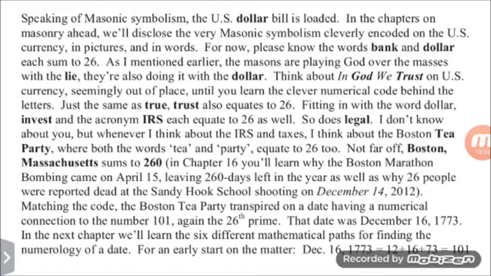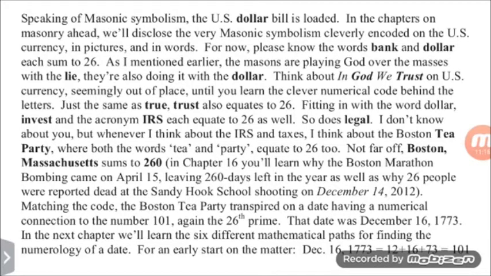In Chapter 16, you'll learn why the Boston Marathon bombing came on April 15, leaving 260 days left in the year, as well as why 26 people were reported dead at the Sandy Hook school shooting on December 14, 2012.